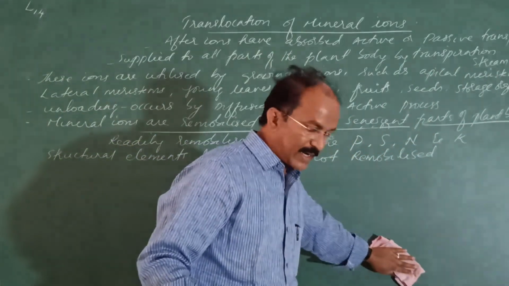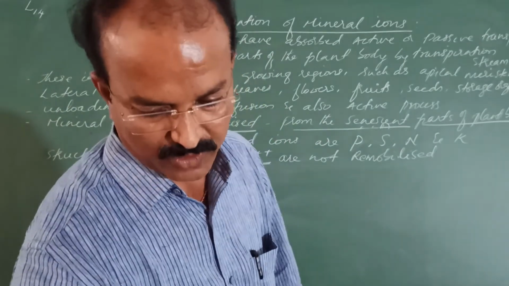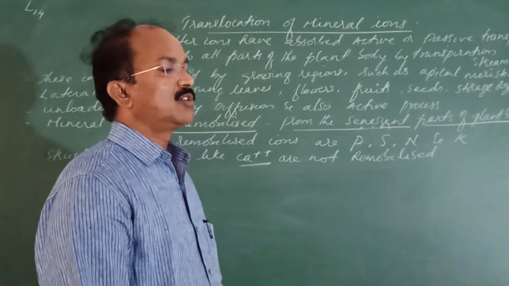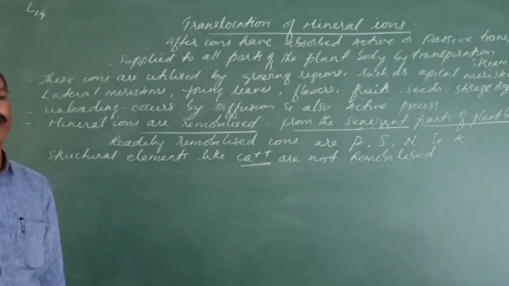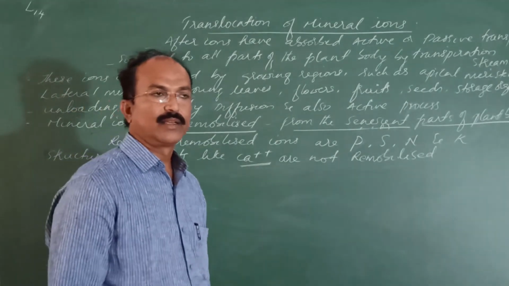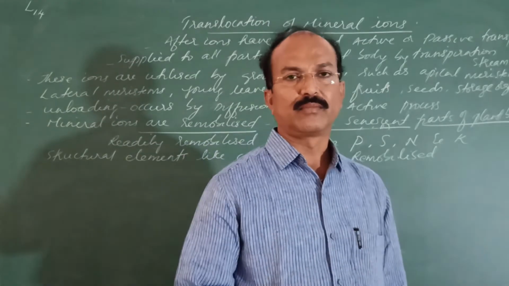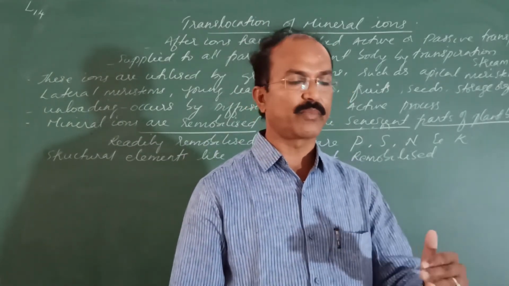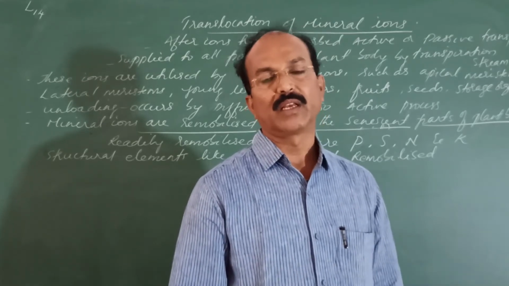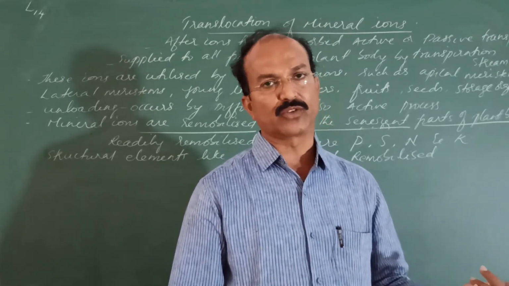So when we analyze the xylem exudates, exudate means what? When you cut the branch or a stem of a young plant, then from the xylem some sort of solution will come out from the cut end part of the twig, that is called xylem exudate.